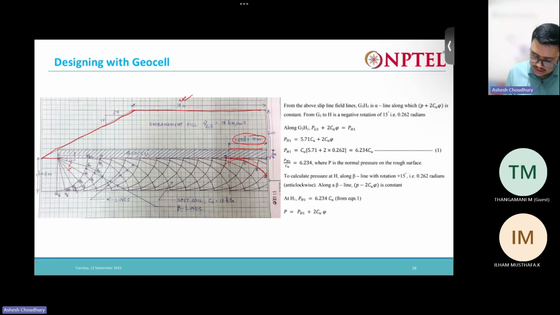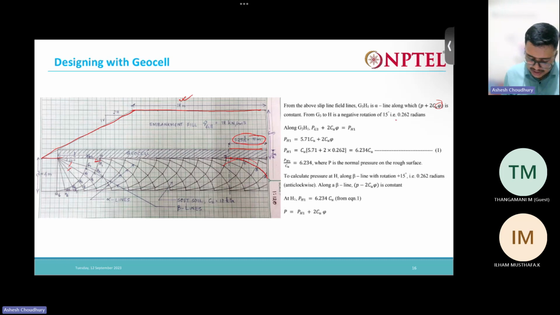constant. These are the angles, showing how much rotation each slip line is taking. From G3 to H1 is a negative rotation of 15 degrees, and 15 degrees means 0.262 radians.